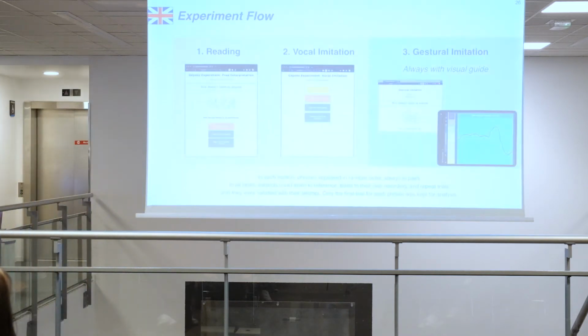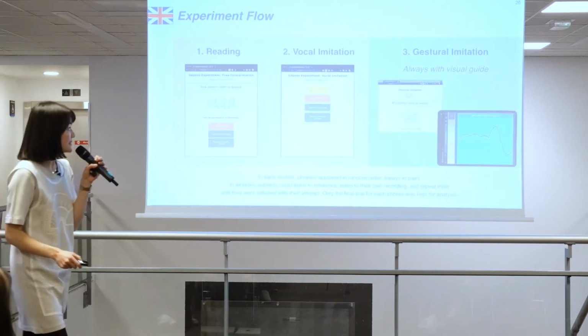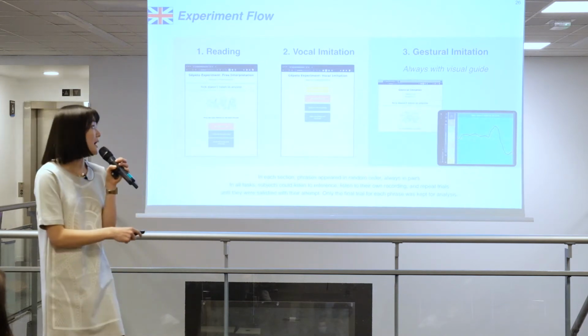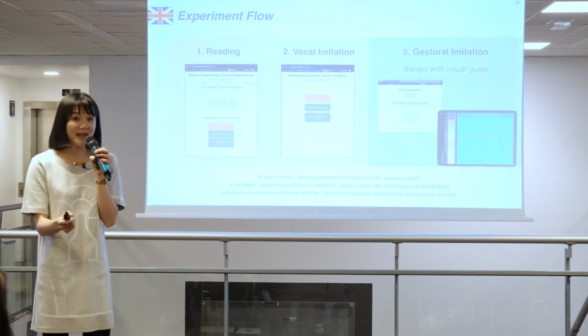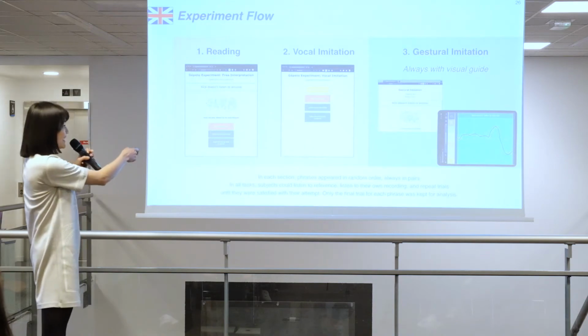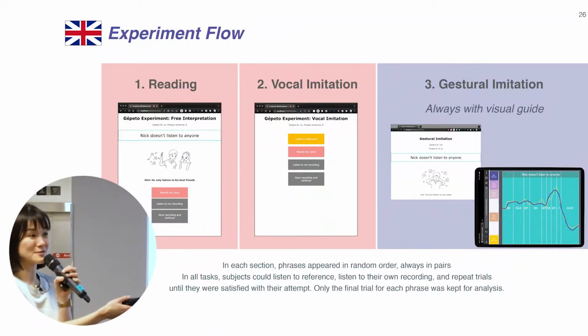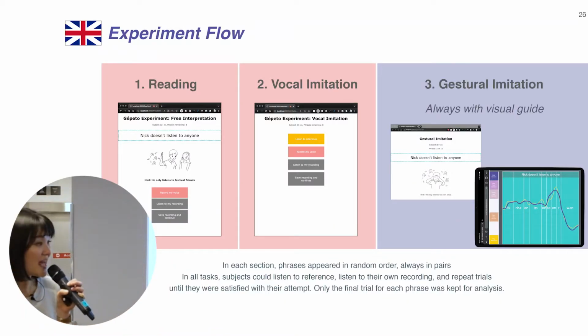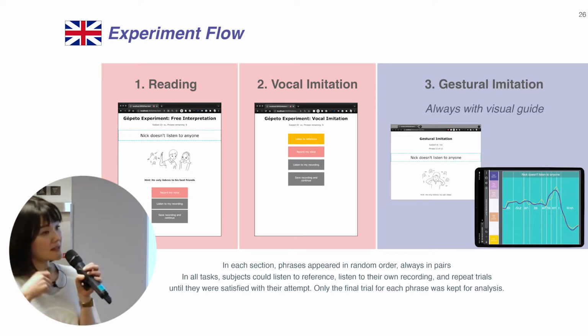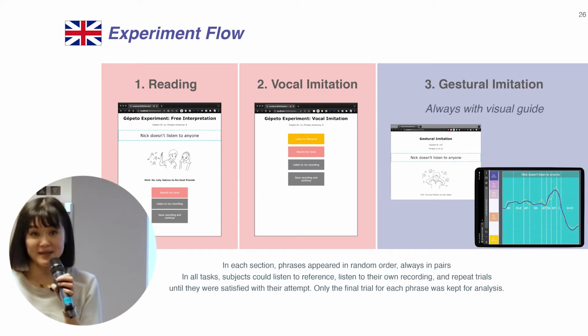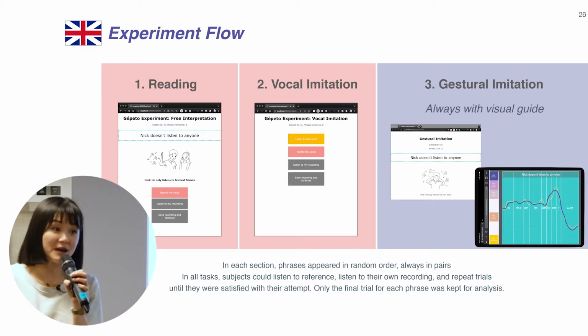So during the experiment, we had 3 parts. First, people read each phrase and they saw the picture and the hint that suggested what they were supposed to be expressing. Then in the second part, they listened to a reference and they had to imitate exactly the intonation of the reference.